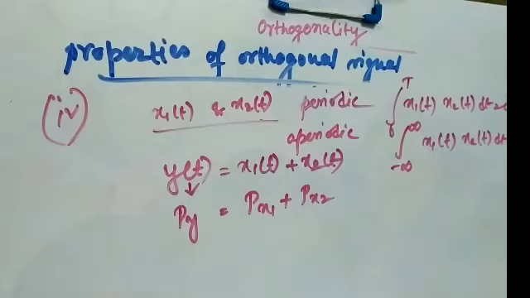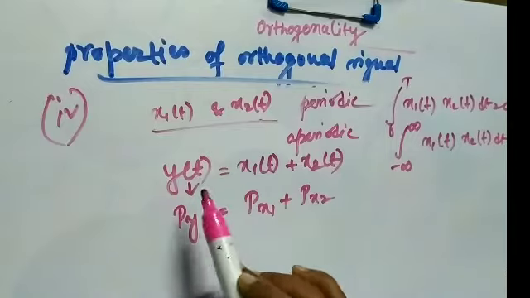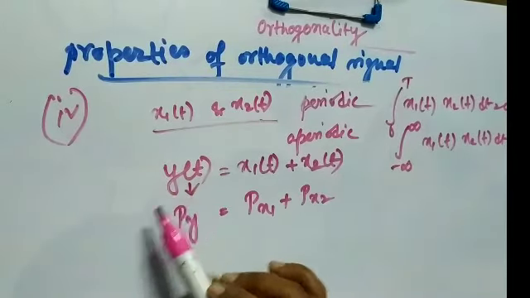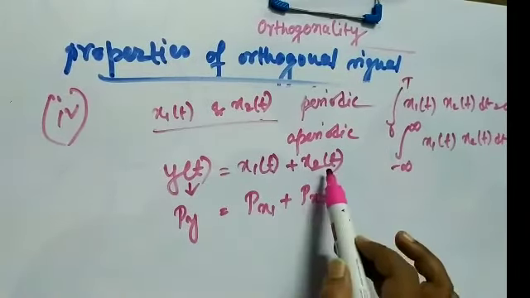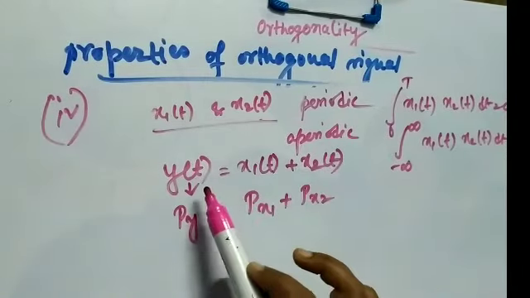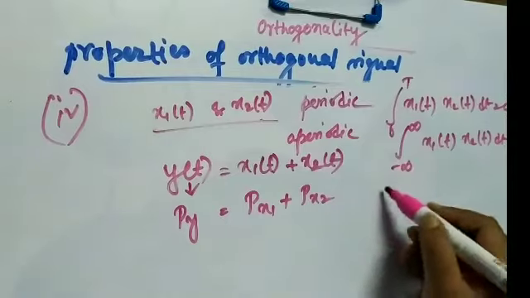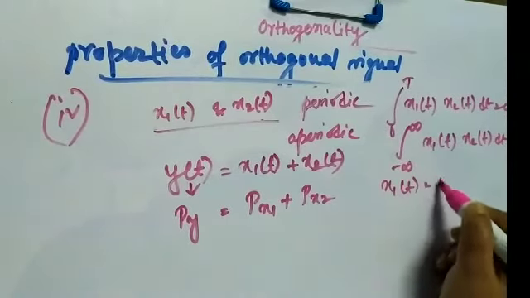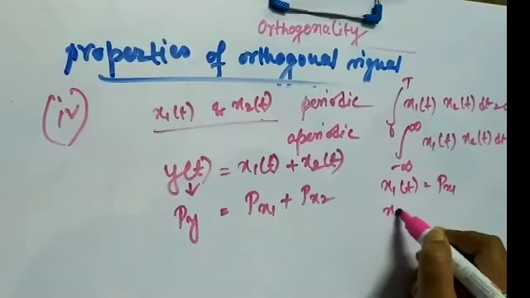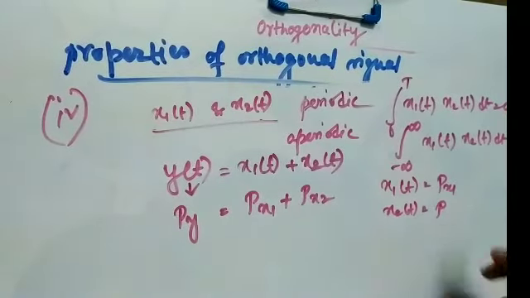Because you already know that for a periodic signal we cannot find the energy, we can find the average power. So, the signal y(t) is given to you, which is the summation of x1(t) and x2(t), and its average power is Py, x1(t)'s average power is Px1, and x2(t)'s average power is Px2.